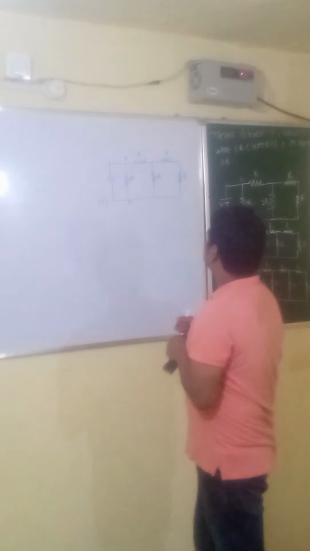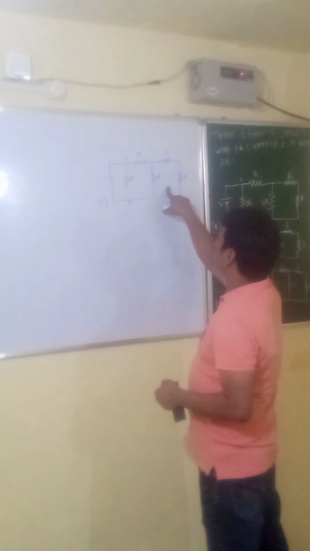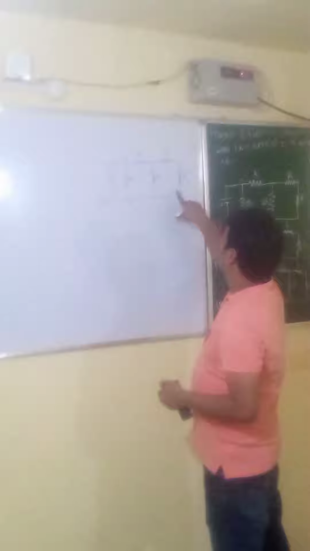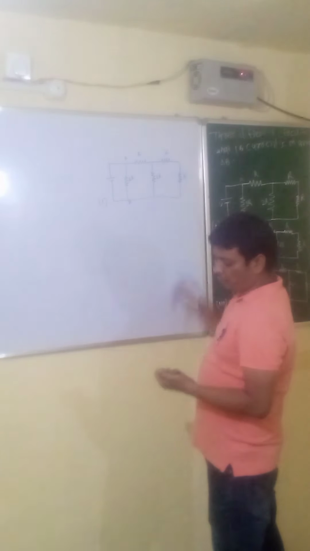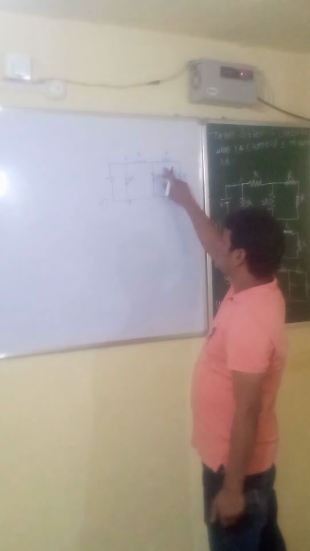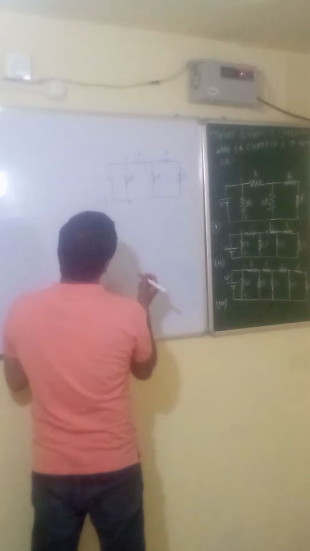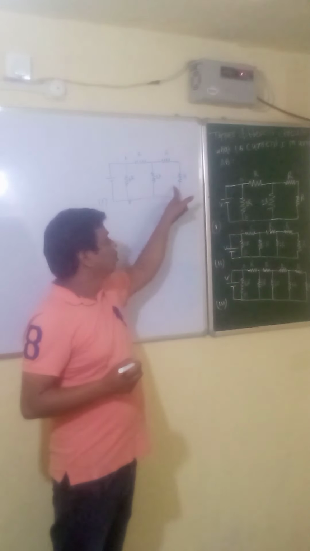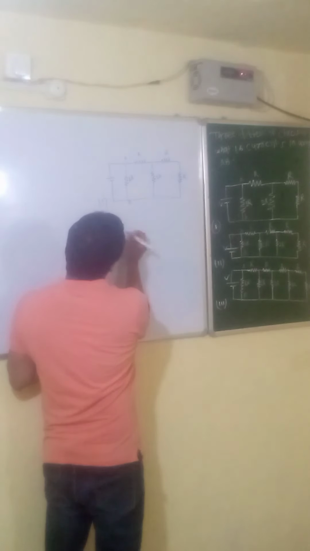Here two squares are present, square first, square second, and the resistances are R1 and R2. First of all, this resistance and this resistance are in series. So we make a circuit combining these two resistances. Then what will be the answer?